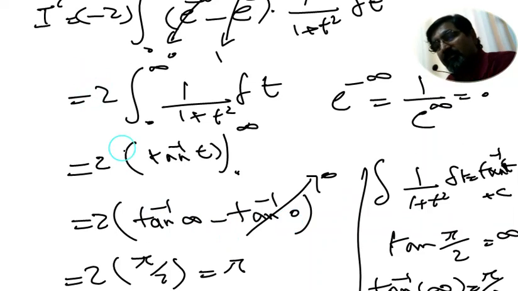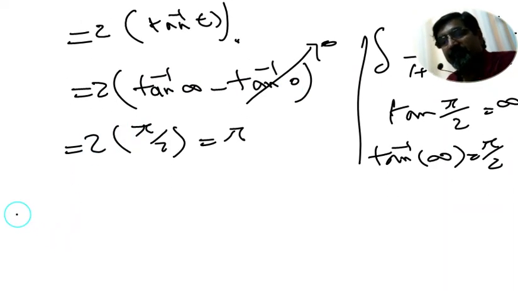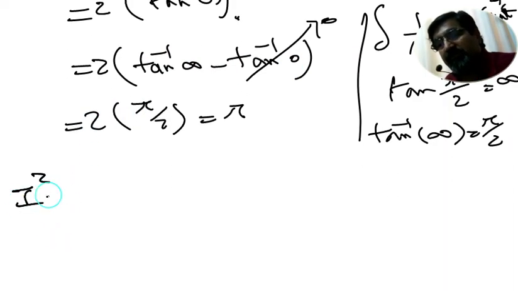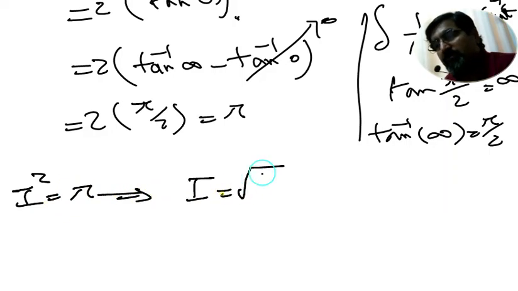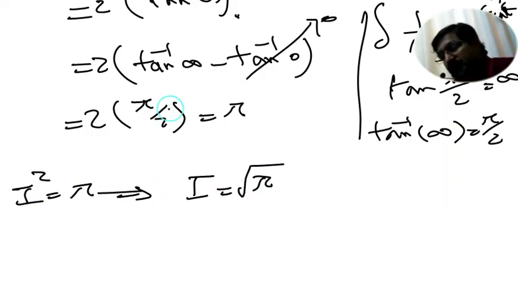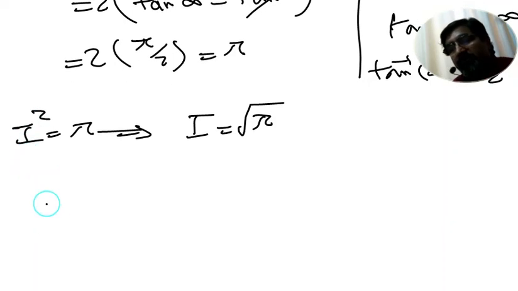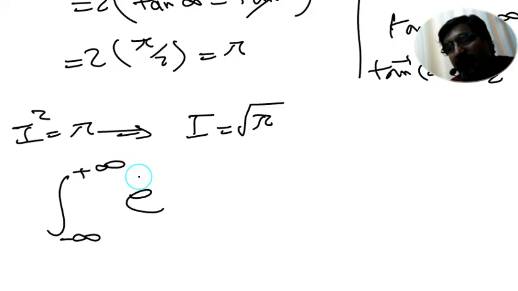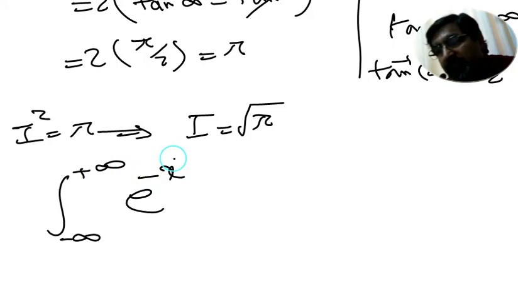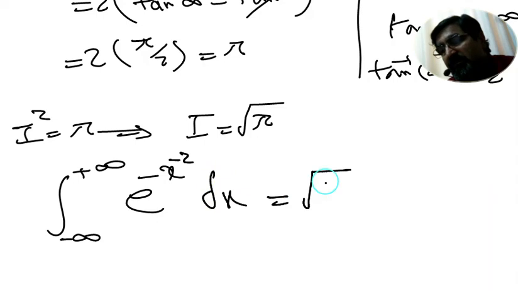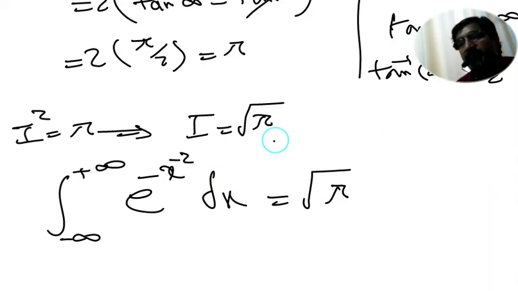This is I squared. I squared is pi, so I is the square root of pi. So we calculated the integral: the integral from minus infinity to positive infinity of e raised to minus x squared dx is the square root of pi. Thank you.